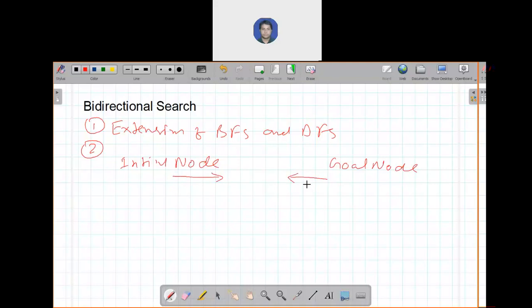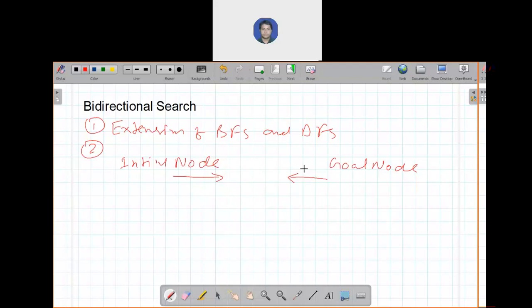Two simultaneous searches: one forward from the initial node to the goal, and one backward from the goal node to the initial node. We stop when we meet at any point, at any node. So this is the bi-directional search. We start exploring from both ends: from the initial node, and from the other end in the backward direction.